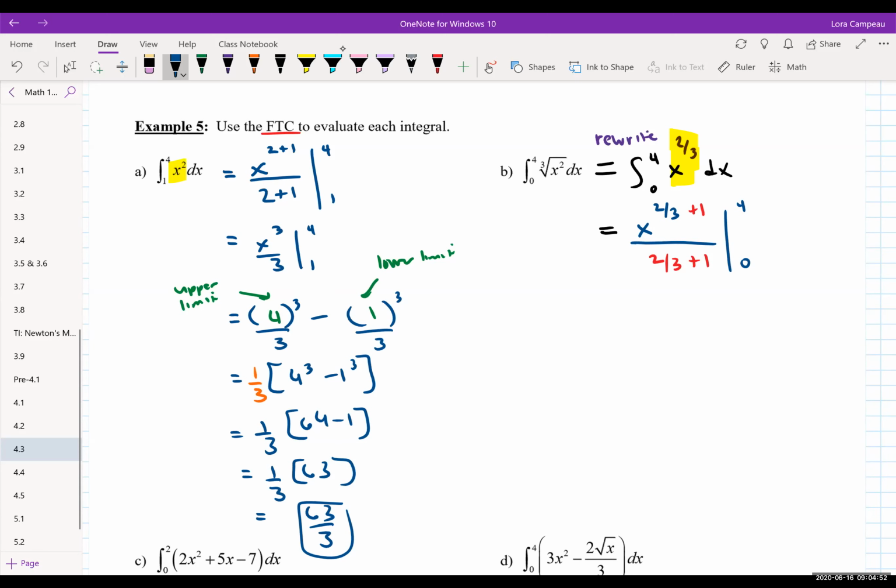So now what we do is we can say, okay, well, we just kind of simplify a little bit of math. 2/3 plus 1 is 2/3 plus 3/3, which gives us 5/3. And then we still have 5/3 in the denominator, still evaluated from 0 to 4.